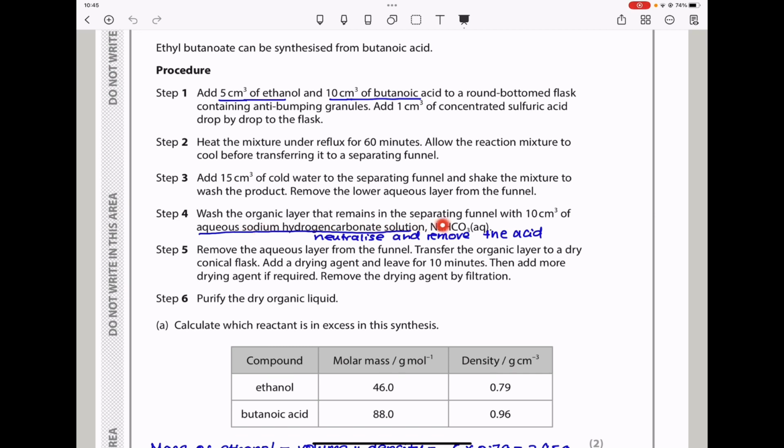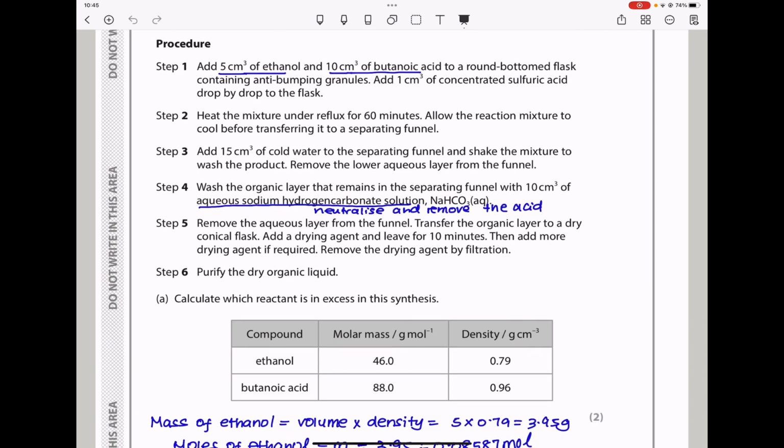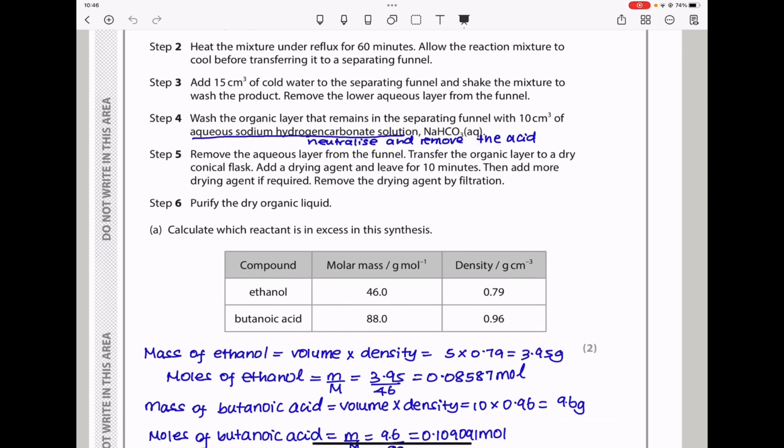This is there to neutralize the excess acid. In step 5, remove the aqueous layer from the funnel and then transfer the organic layer to a dry conical flask, adding a drying agent and leave for 10 minutes, and then add more drying agent if required. Then remove the drying agent. In step 6, purify the dry organic liquid.